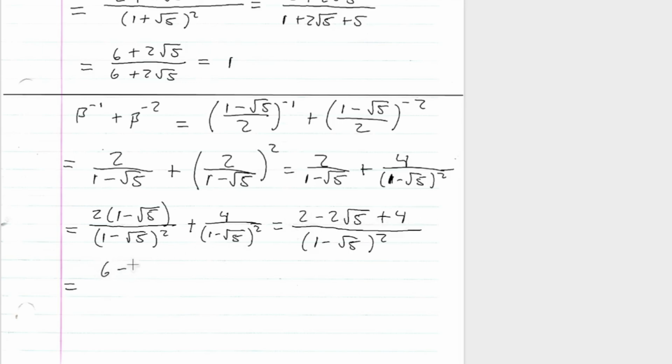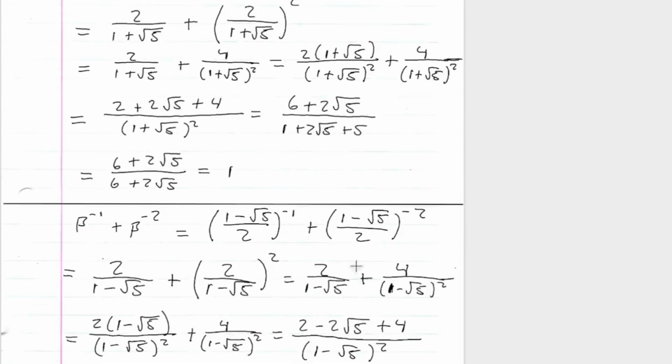So this will be 6 minus 2 square root of 5 over, so 1 times 1 is 1, 1 times negative square root of 5 is negative square root of 5, negative square root of 5 times 1, so that'll be minus 2 square root of 5s, and then negative square root of 5 times negative square root of 5 would be positive 5. So we'll have 6 minus 2 square root of 5 over 6 minus 2 square root of 5. So that over that is just 1.